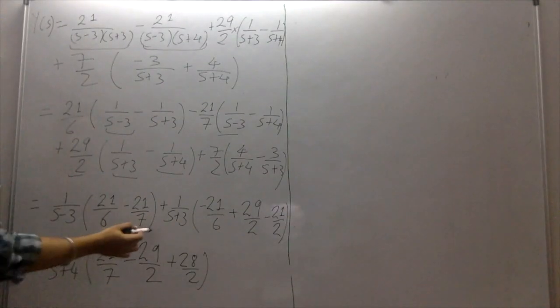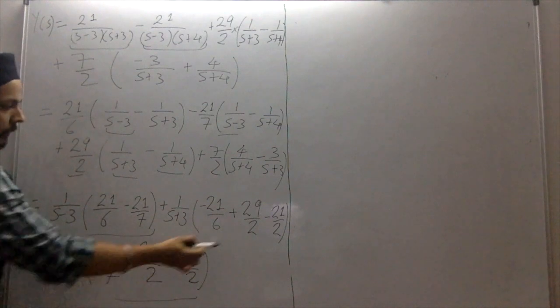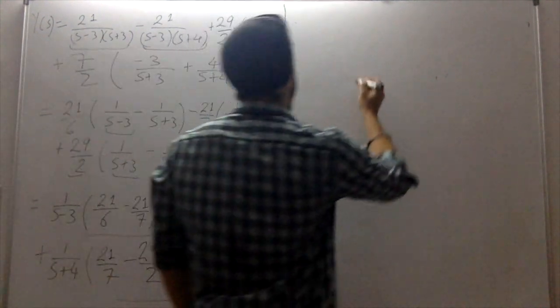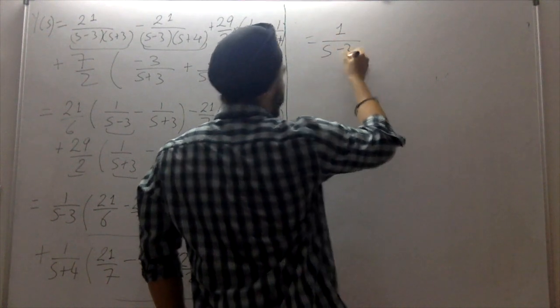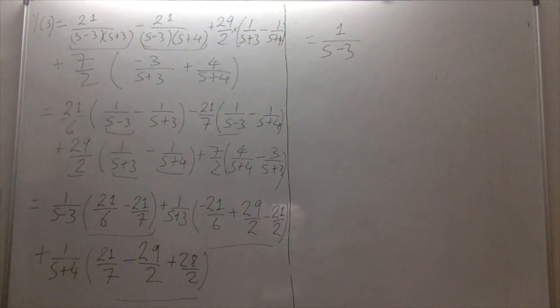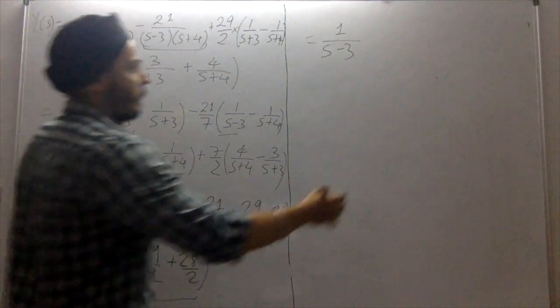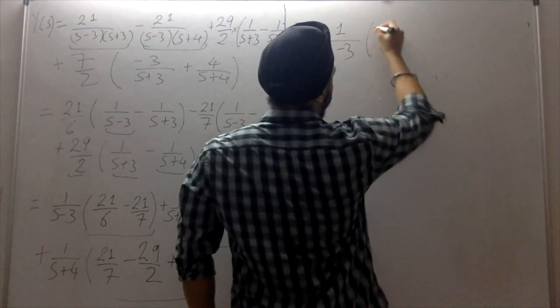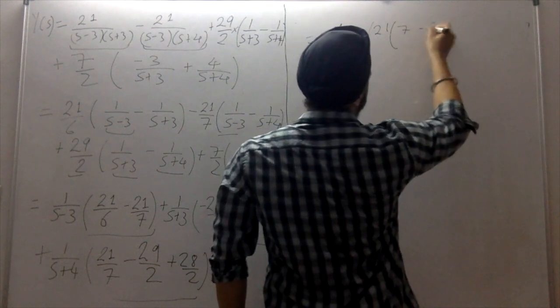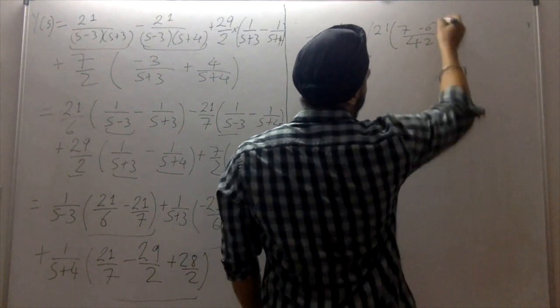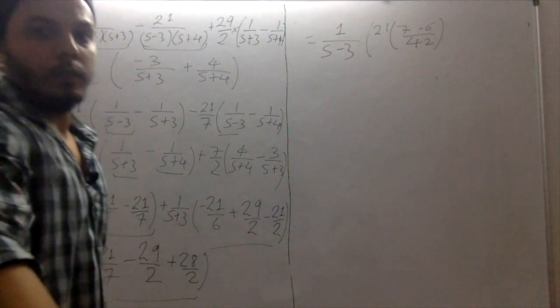Now we will be solving these coefficients, which equals 1 over s minus 3. Now this will become, taking 21 outside, 7 minus 6 divided by 42.